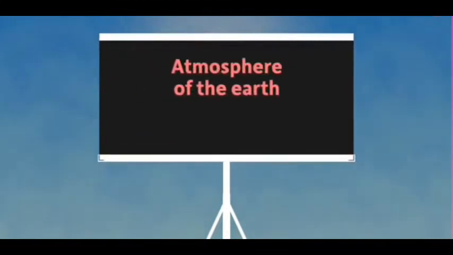So, let's talk about the light from the sun and particles in the atmosphere. There are two things that play an important role in giving a color to the sky. One is the atmosphere of the earth and the other is the sunlight, of course. So we need to know more about these two first.